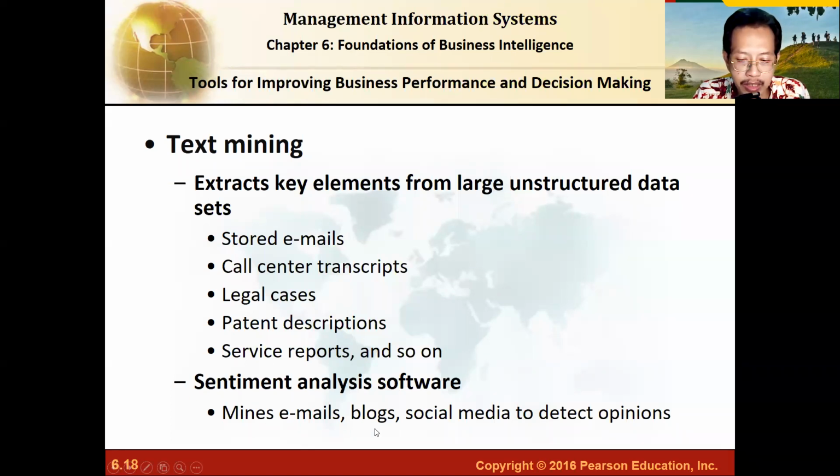Sentiment analysis is an analysis of text in social media. And the purpose is to find the sentiment of the public about a certain thing. Let's say you want to know, how do people think about Toyota or Honda? Okay, and then you would be scanning social media to find keywords that are either positive or negative.